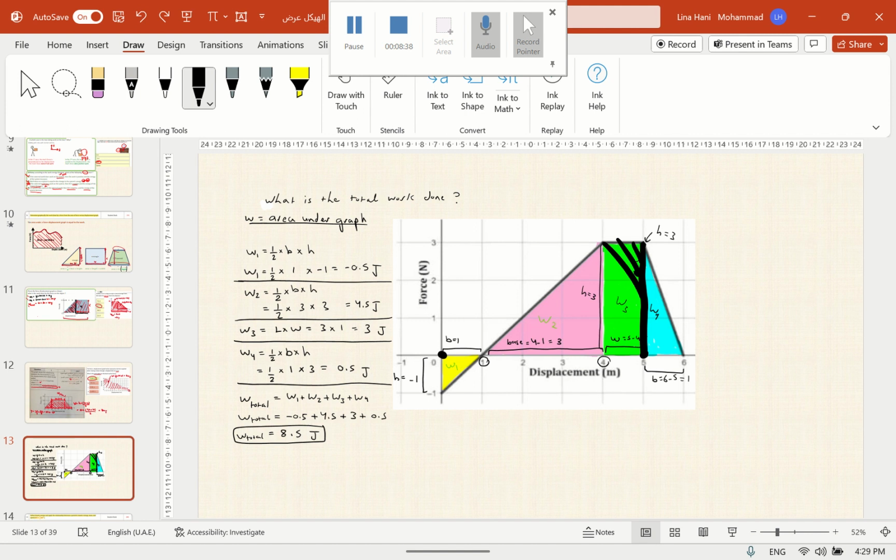If the question says, for example, what is the work done by the force from 4 to 5 meters? This is 4 and this is 5 meters. So you put 2 lines here and you find the area of this rectangle only, and so on. So you put a vertical line where he wants you to find the work at which distance, and you find the area under the curve.